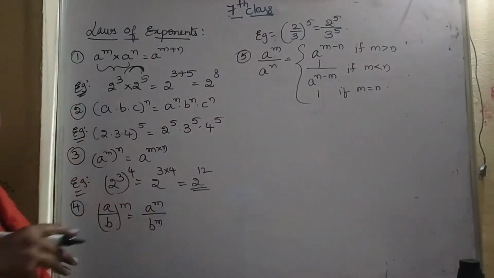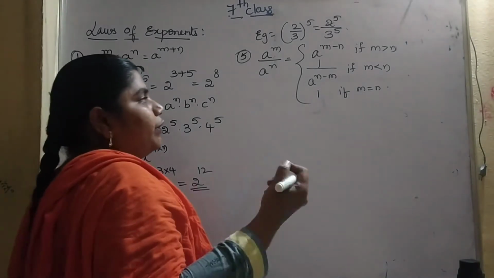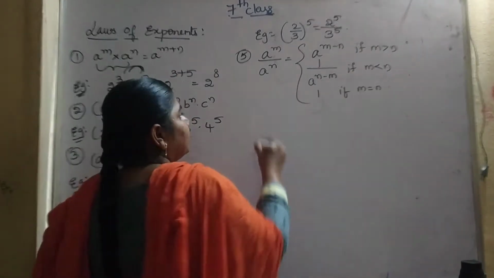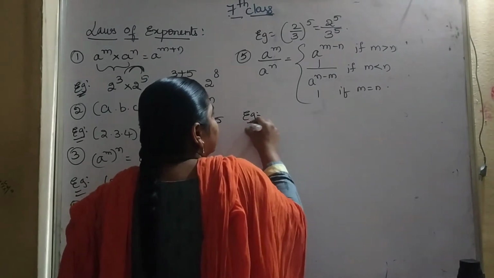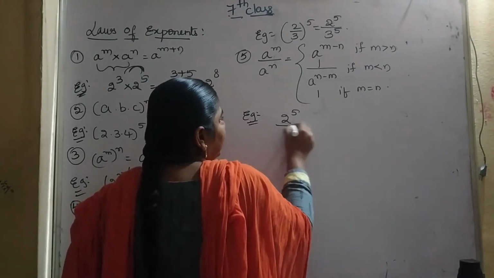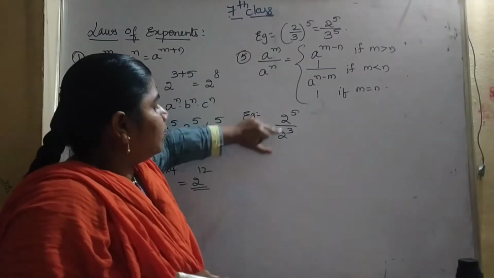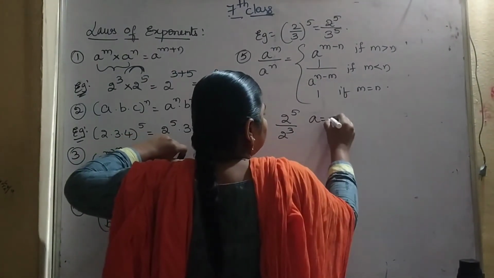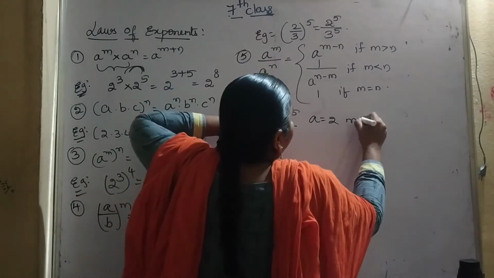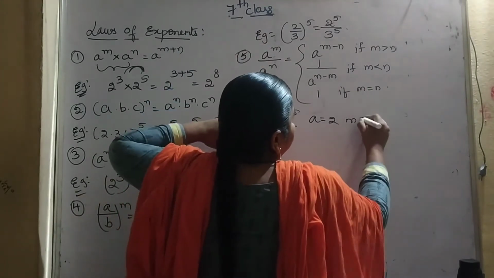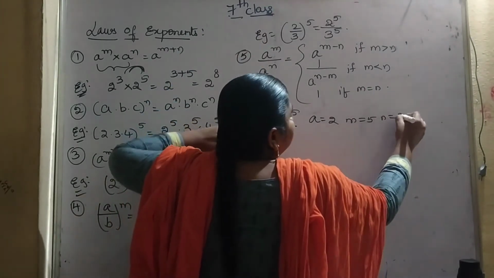For every condition we will take one example. First I am taking 2 power 5 by 2 power 3. Here a is nothing but 2, m is 5, and n is 3.